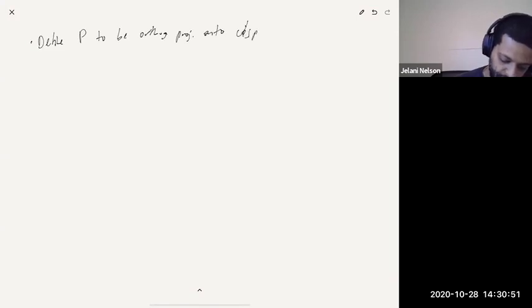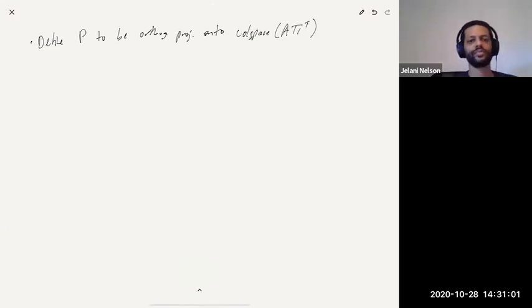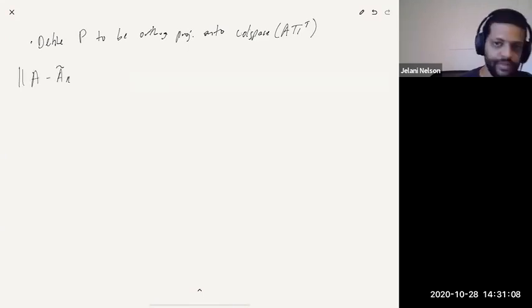So we want to look at, let me actually say the following. Define P to be the orthogonal projection onto the column space of A pi transpose. So what we're trying to understand is, we said A minus A K tilde.